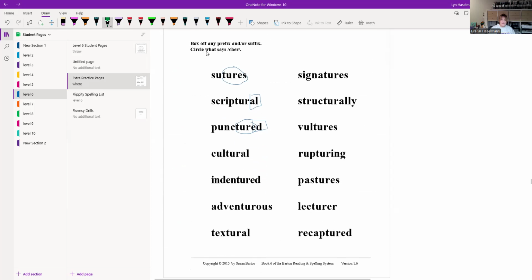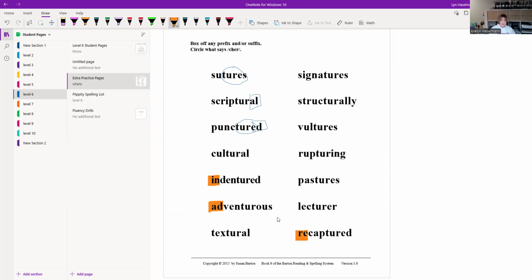Box off any prefix or suffix. So I'm boxing off prefixes and suffixes and circling what says cher. I would go through and say, all right, I'm going to find all the prefixes. Ad is a prefix. They haven't really learned that.